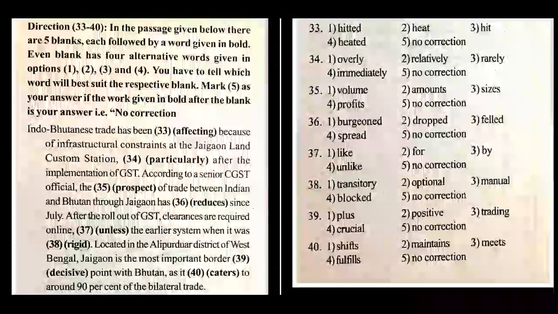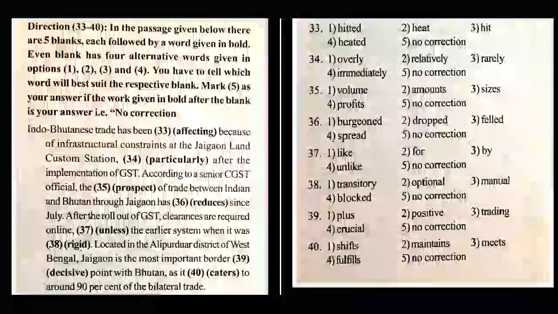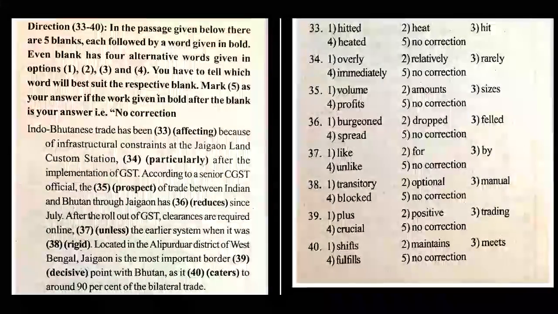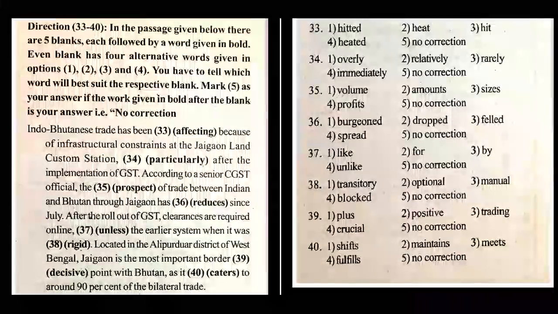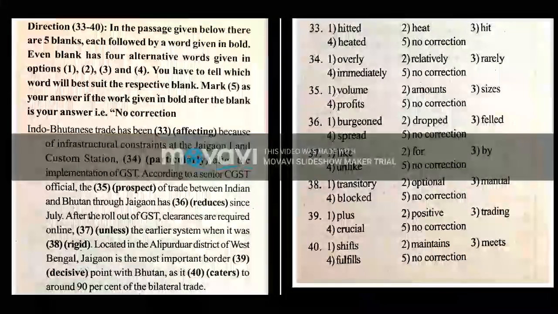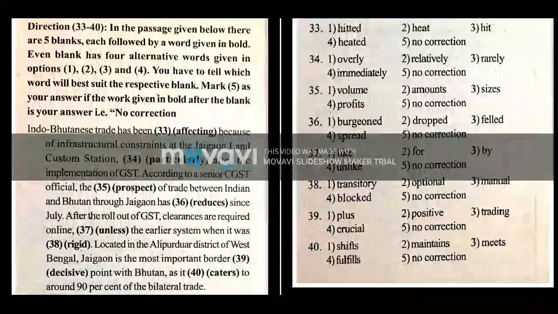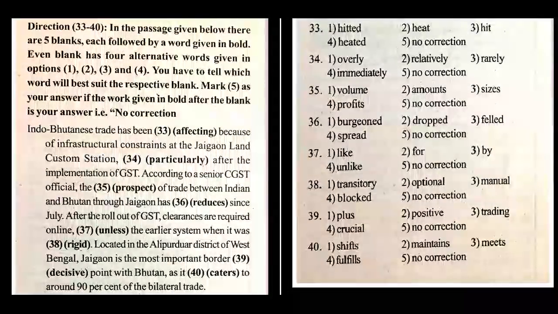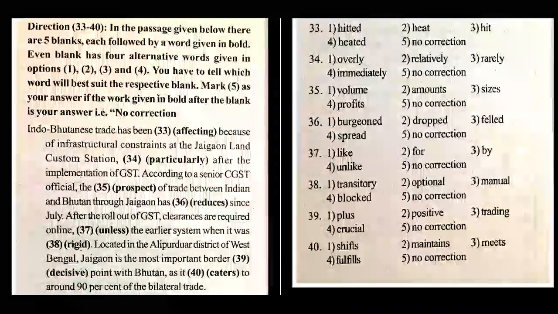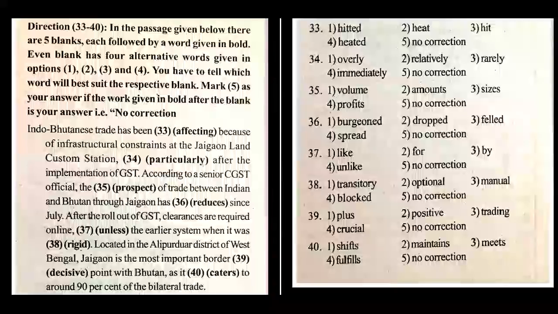Please remember and look at your passage very carefully. Here the subject is Indo-Bhutanese trade, and the entire subject is singular. So it is known as third person singular number, and it is for this reason "has been" has been written after it.